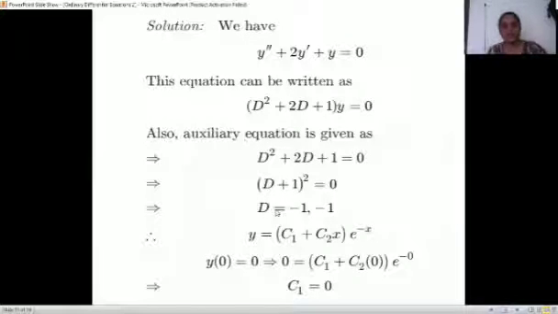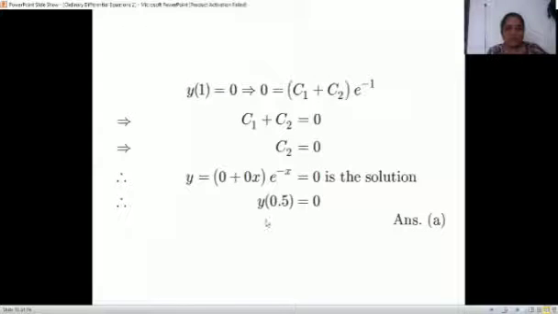Okay, this is the equation. So d is minus 1, minus 1, that is what we are writing, and we are applying the conditions, that is, x is 0, y is 0. That's why we are getting c1 is 0. Applying the second condition, we get y of 1 is 0, that is at x is 1, y is 0. So 0 is equal to, we put x is 1, c1 plus c2 into e raised to minus 1.